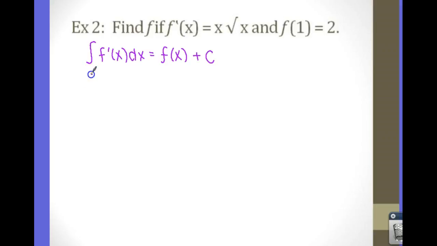So we want to find the antiderivative of x root x dx. We have to simplify this algebraically.